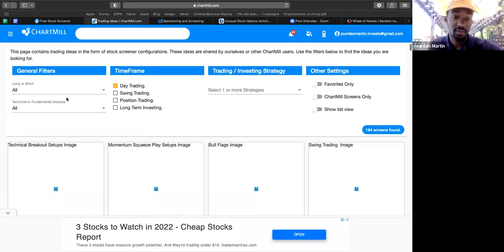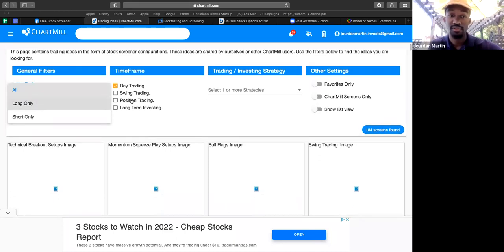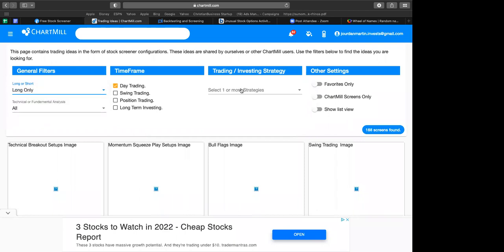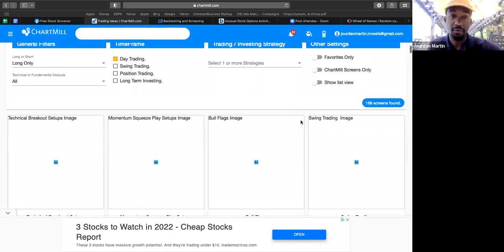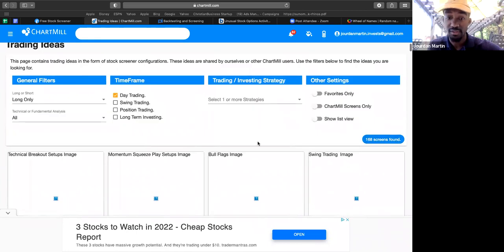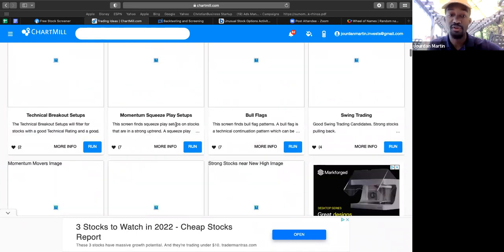All right, so you can go in here and look at, if we want to look for long day trade setups. Yeah, let's see what we get. All right, I don't know if this updated or not. Yeah, it looks like it did. So you could, for example, look at a momentum squeeze play.